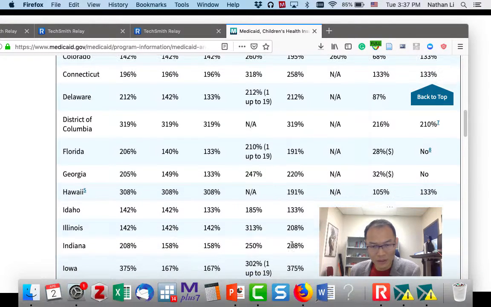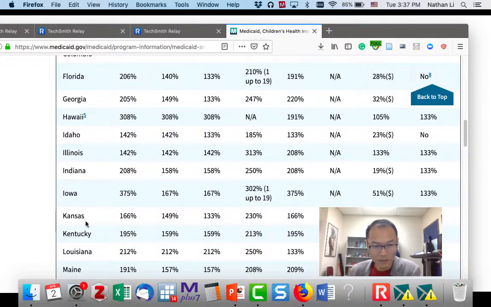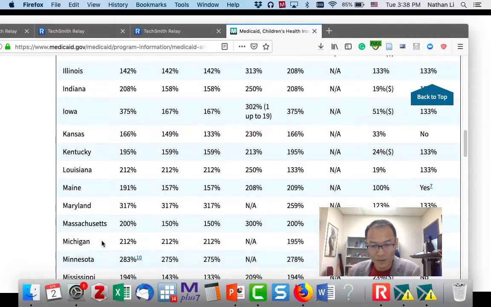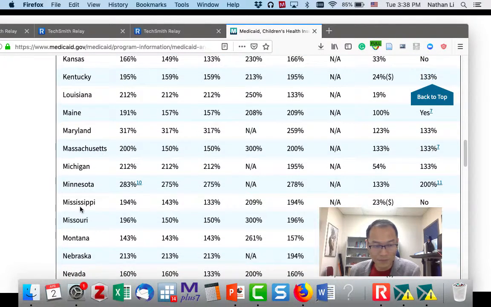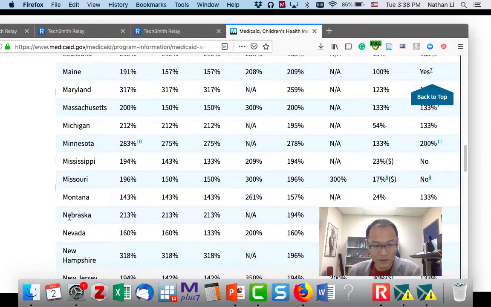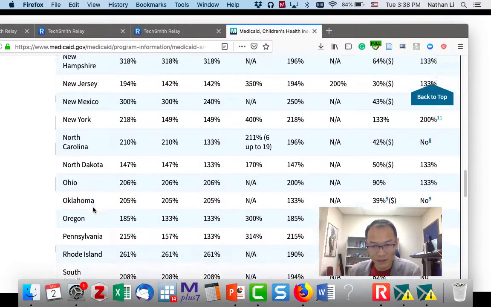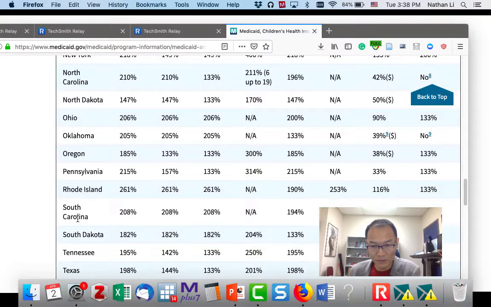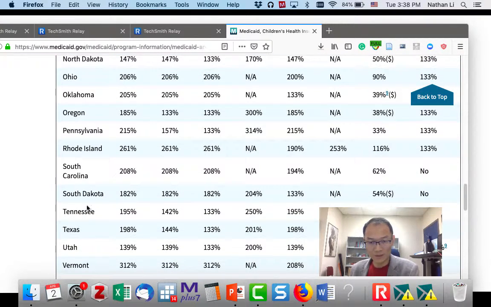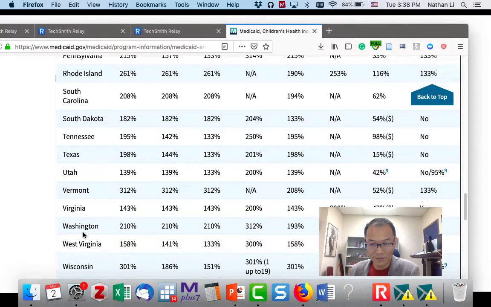Florida, Georgia, Idaho, Kansas, Mississippi, Missouri, Nebraska, North Carolina, Oklahoma, South Carolina, South Dakota, Tennessee, Texas.